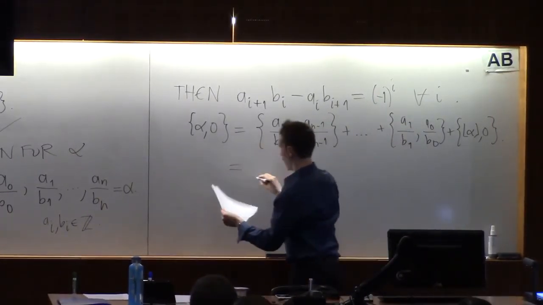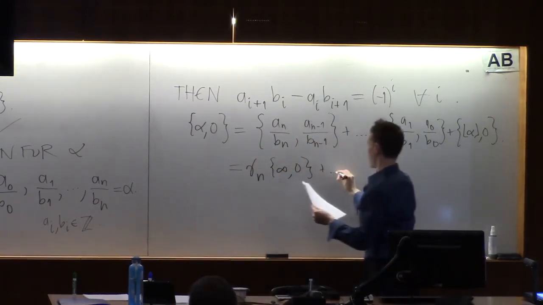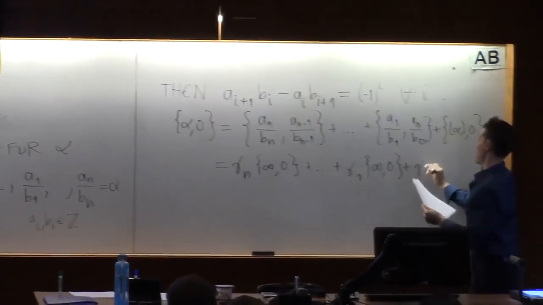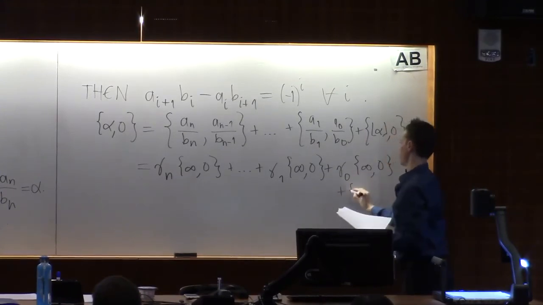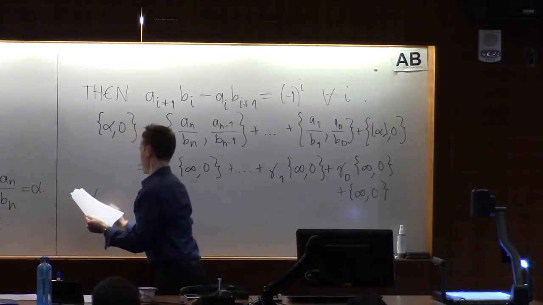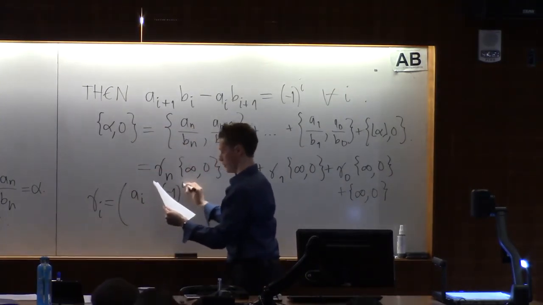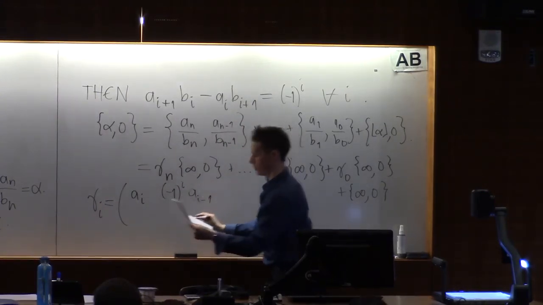So you can write this as gamma n {infinity, 0} plus dot dot dot plus gamma 1 {infinity, 0}. And then I have to do a little futzing around here to take care of the integers. The gamma i's are defined in this way. You have to take care of the signs to make it all work, but you can. Just take the negative of one of the columns instead.